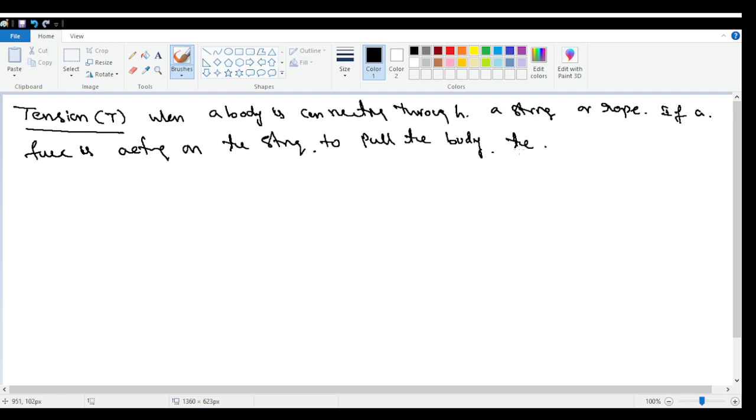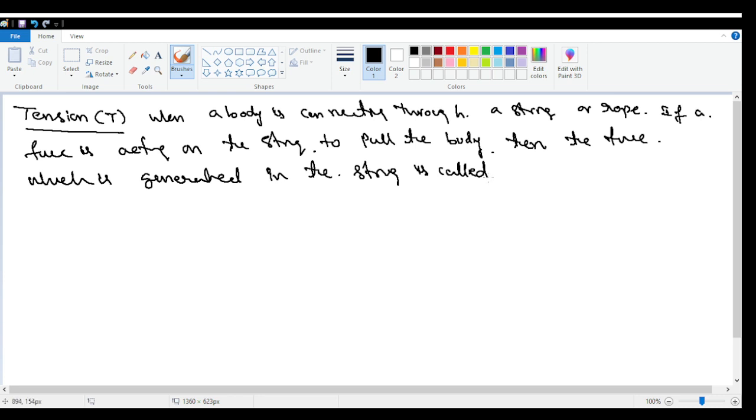Then the force which is generated in the string, along the direction opposite to the applied force, is called tensile force or tension.